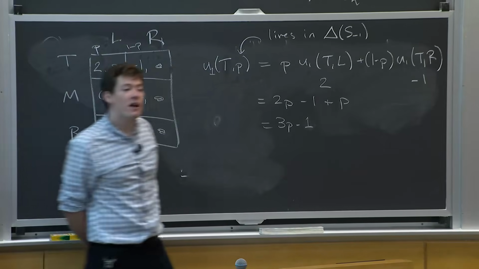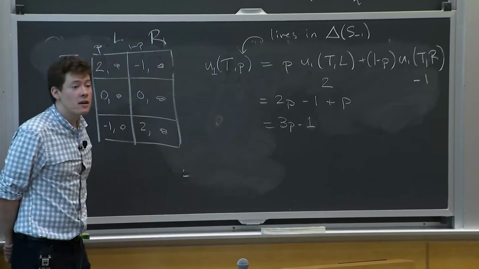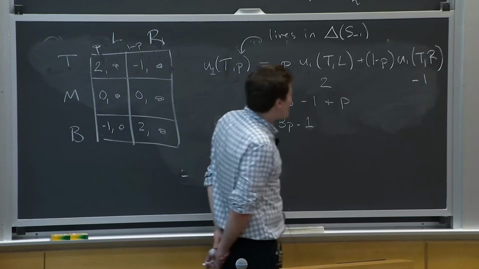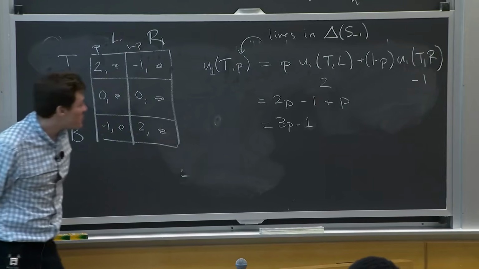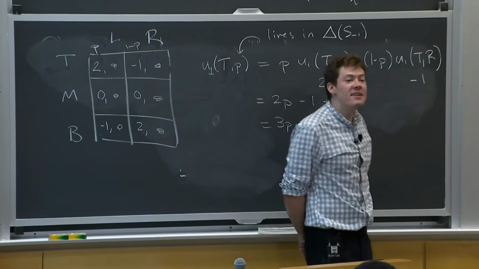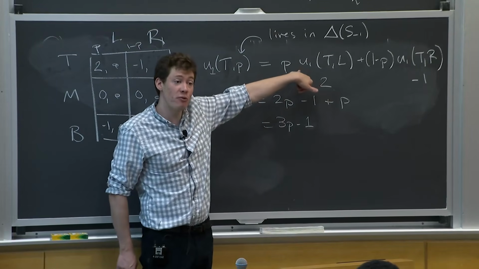Other question? Yeah? So is the utility function on the left-hand side different than the utilities on the right-hand side? Good point. People are being very, very precise here. So you might say it's an abuse of notation, or you might say we're extending the notation. Originally, we defined utilities only for strategy profiles.